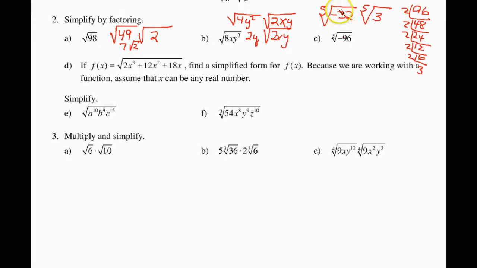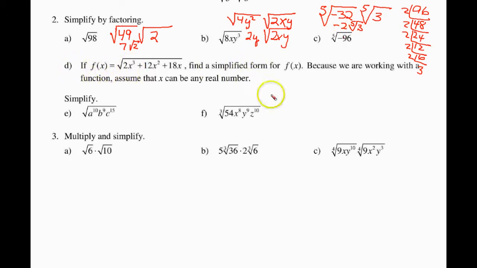So this is a perfect fifth, and we are allowed to have a negative when our index number is odd. So this becomes negative 2, the fifth root of 3, is our answer for letter C. And this was the technique I used to find out what would have been a perfect fifth factor.